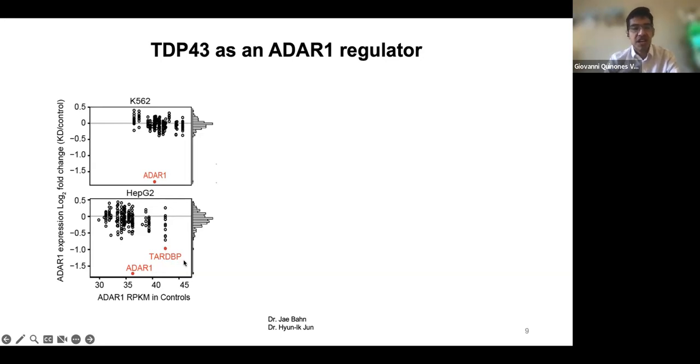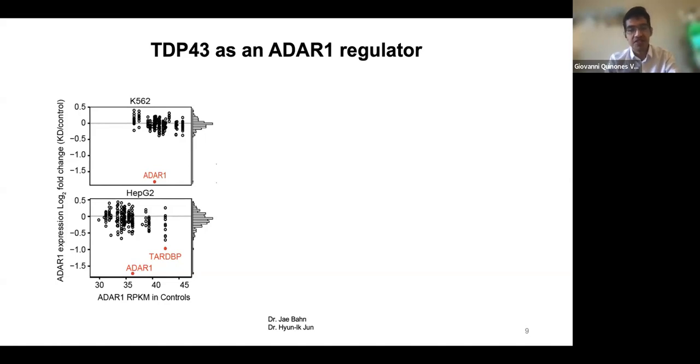So naturally, we assume that TDP43 is acting as a regulator of RNA editing at the level of ADAR expression, so very upstream.